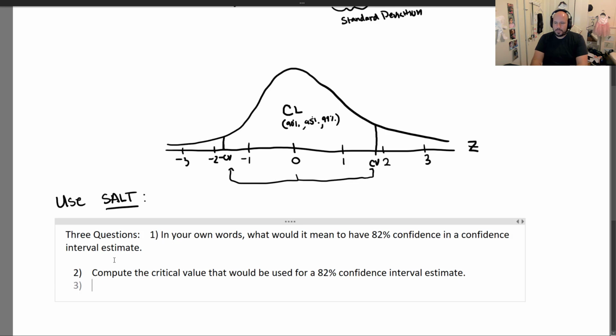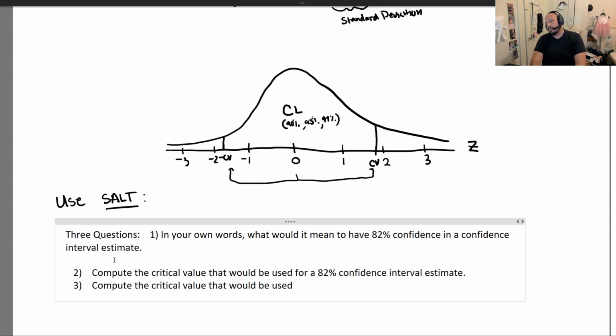Okay? And then number 3, what I want you to do is compute the critical value that would be used for a 100% confidence interval estimate.